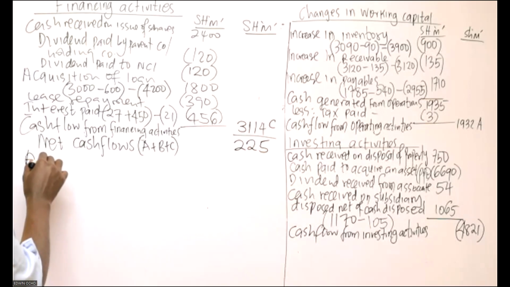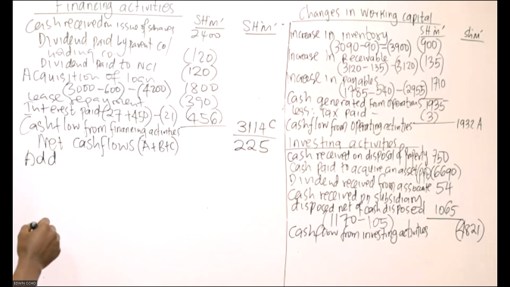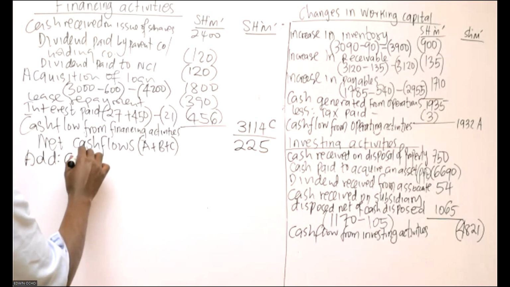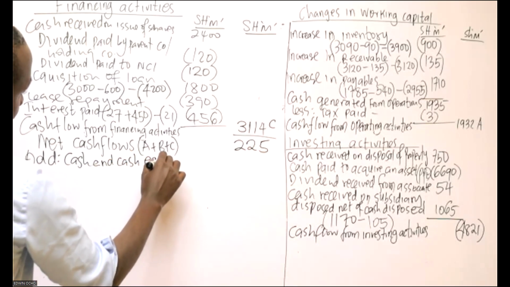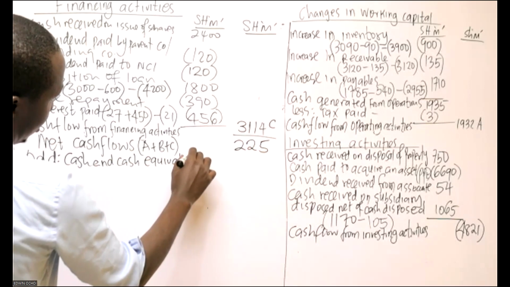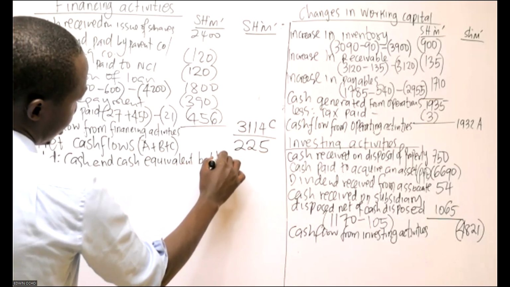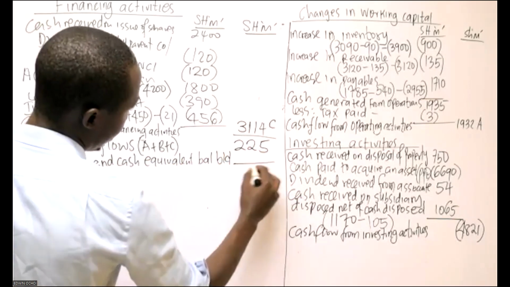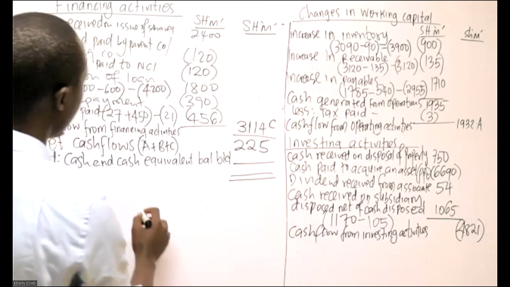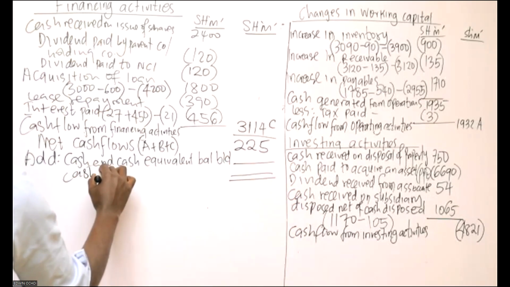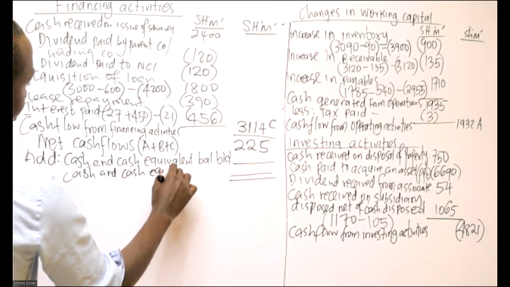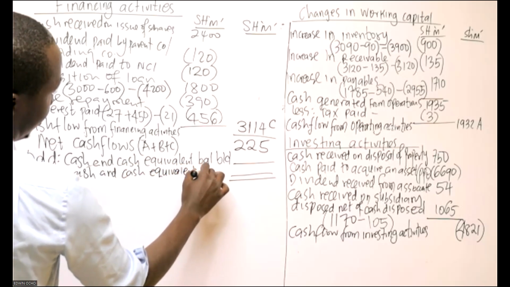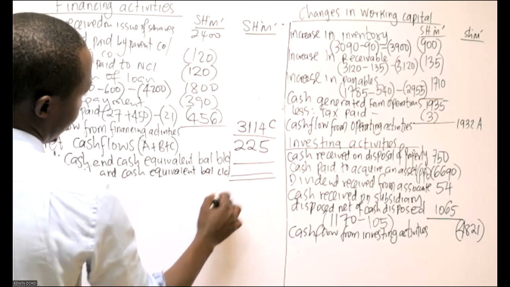Then I will come here and add cash and cash equivalent. Balance brought down. So that at the end, we get a cash and cash equivalent balance carried down.